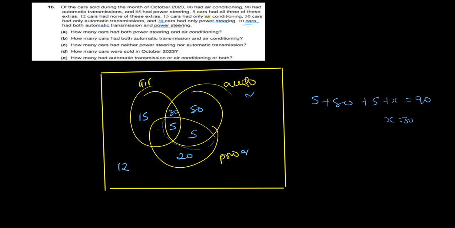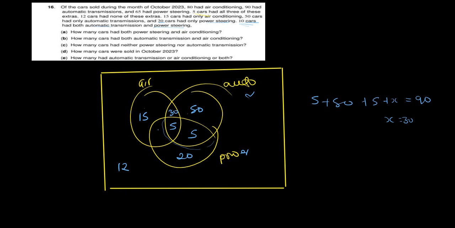So I'll come now for air and power. Alright, so what I'll do is, for air only, I had 80. So I'll put this one, 80 plus 5 plus 30, 15 plus 30 plus 5.